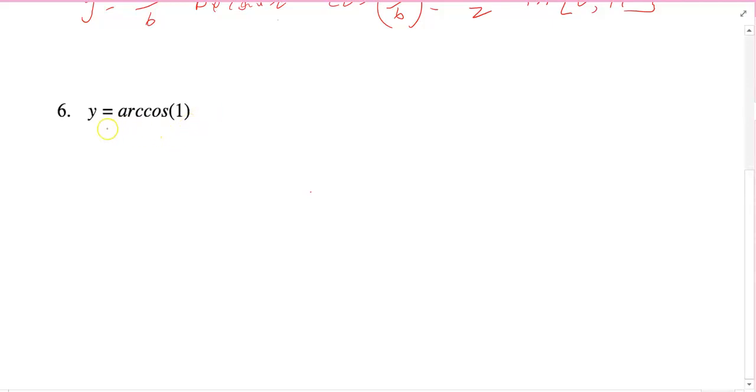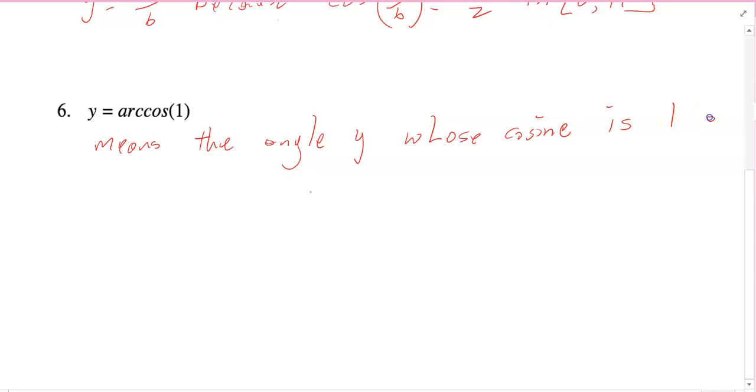Y is equal to arccosine of 1 means the angle y whose cosine is 1 on the interval 0 to pi inclusive.